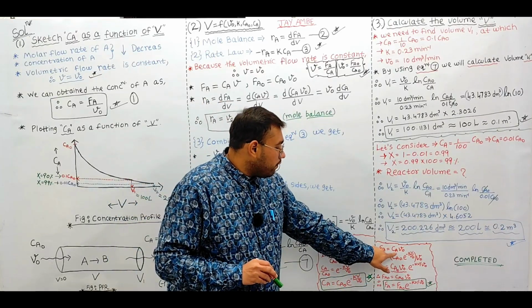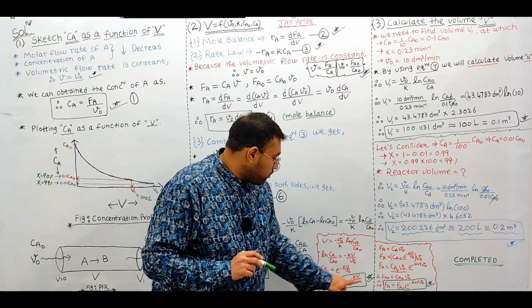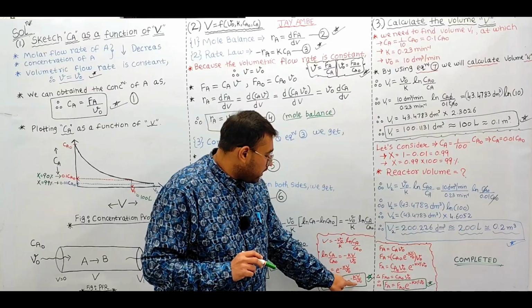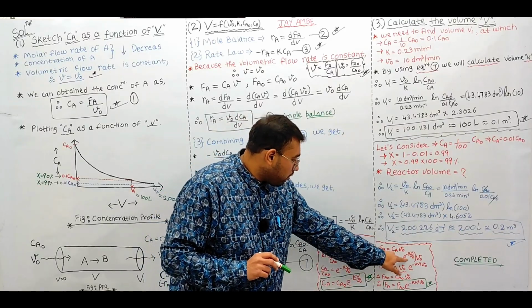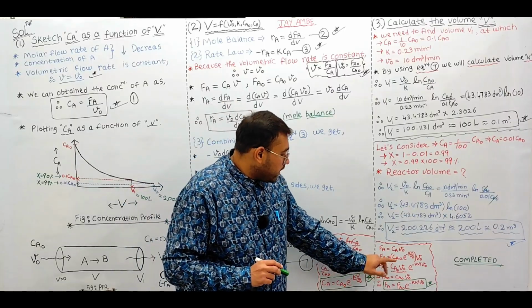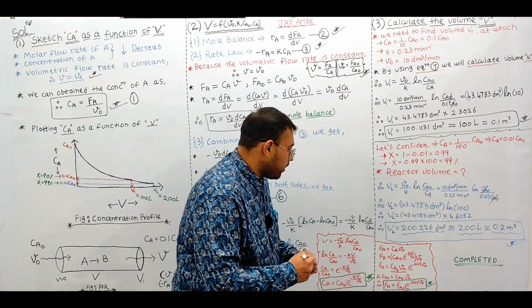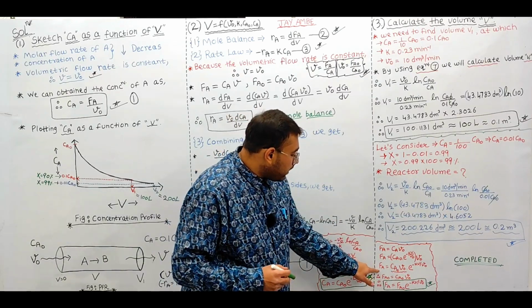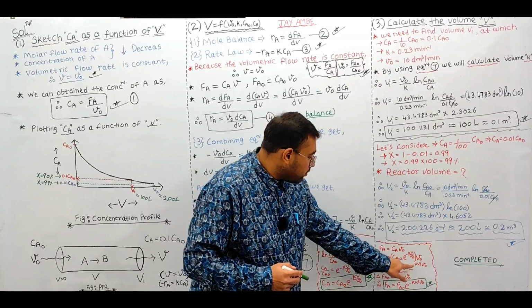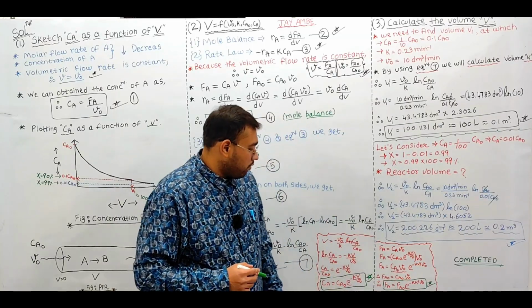We can plug in the value of Ca from here, so Fa is equivalent to Ca naught into e raised to minus Kv by nu naught into nu naught. Now we can put the terms Ca naught and nu naught together, so Fa is equal to Ca naught into nu naught into exponential of minus Kv by nu naught, right?